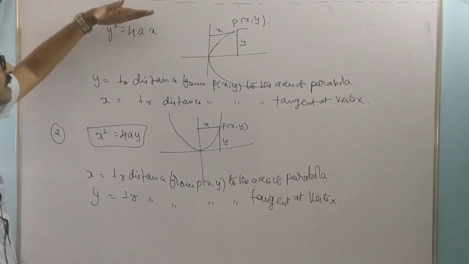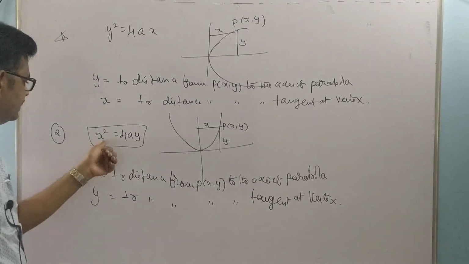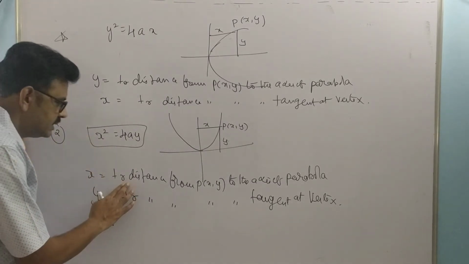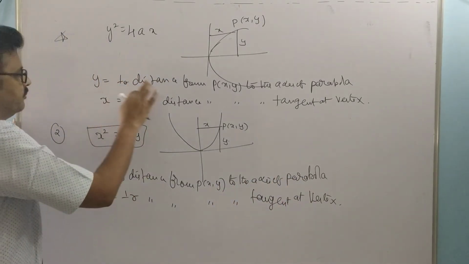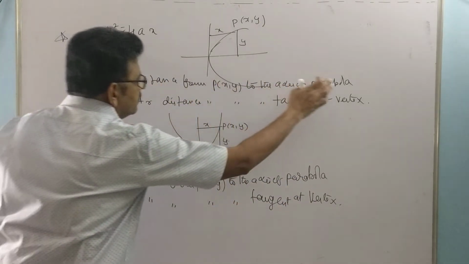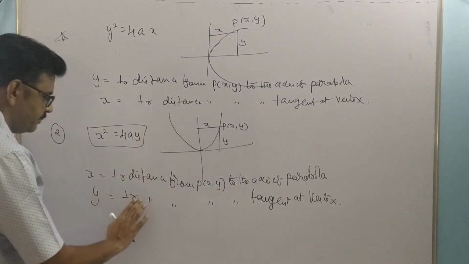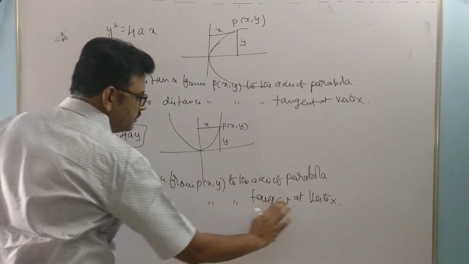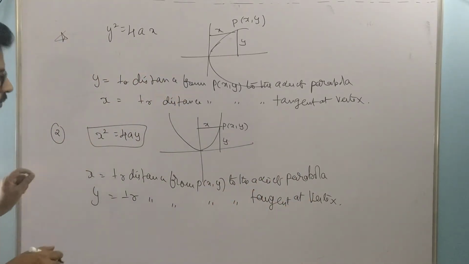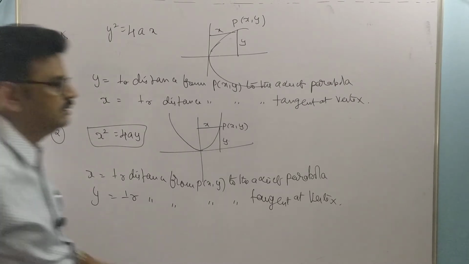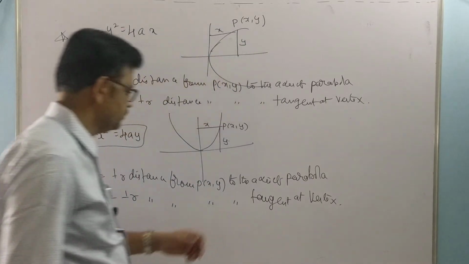This is called the general equation of the parabola. Finally, in general, the equation of the parabola is, okay, just write down these points.